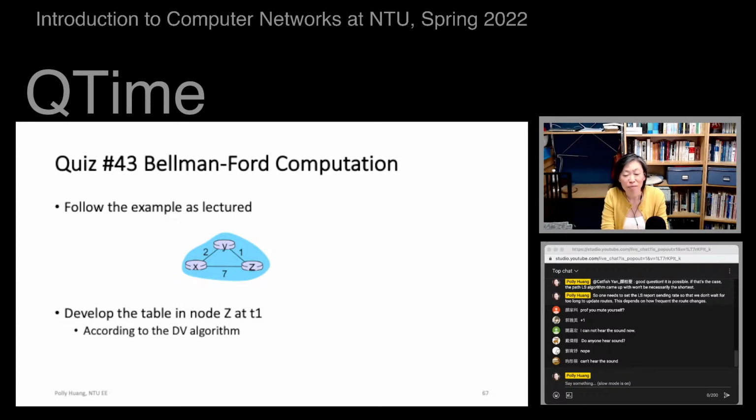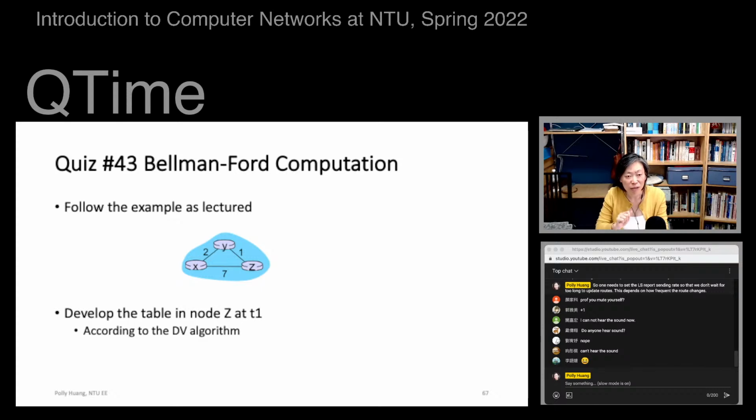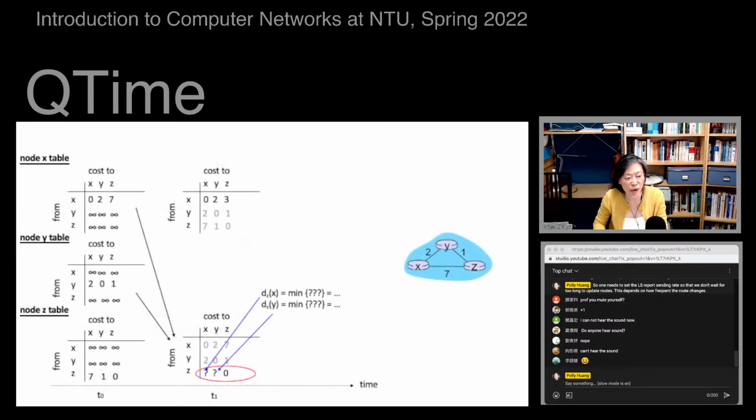Quiz 43. We use the same example, but we exercise doing the Bellman-Ford equation computation for node z. So we just did node x's table in the example. Let's now do node z's table. That is essentially calculating the dzx and dzy entries.